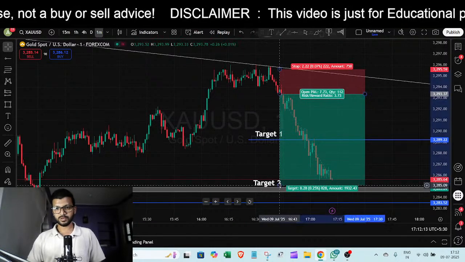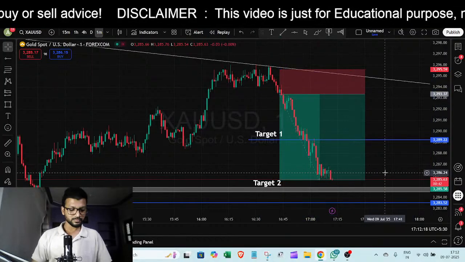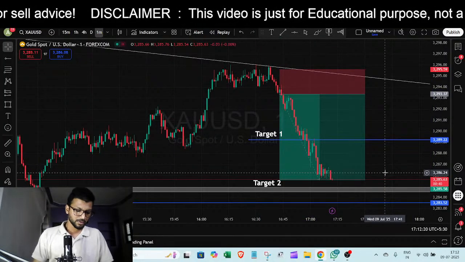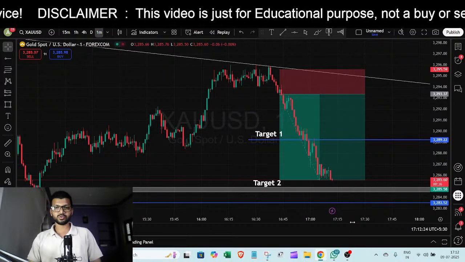One is to 3.7. If you consider here also, 1 is to 3.5. So in the first trade we captured 1 is to 3.5.